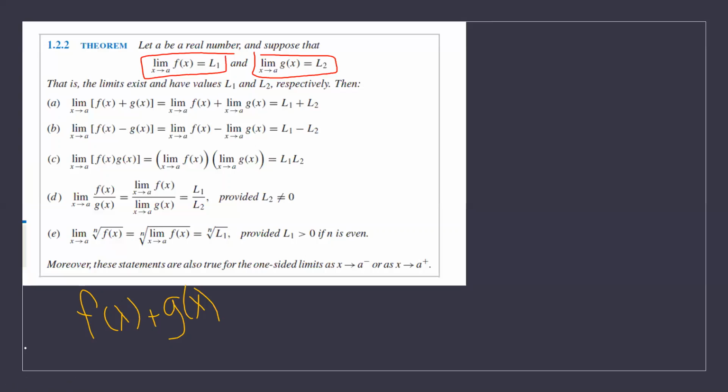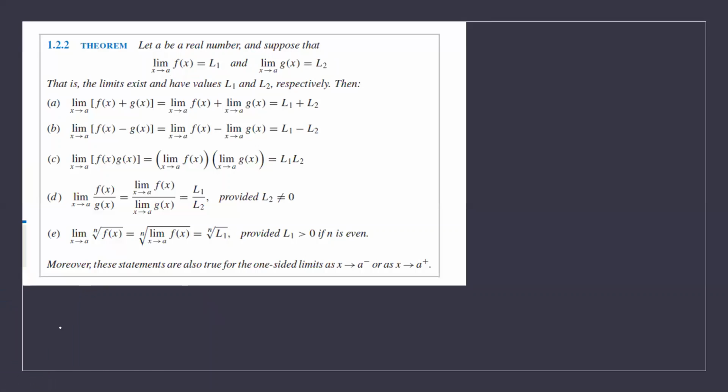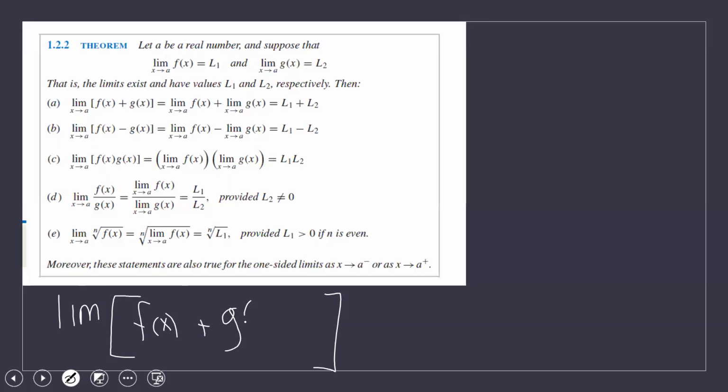So let's write here now. The limit of f of x plus g of x when x approaches a, just distribute the limit on it.